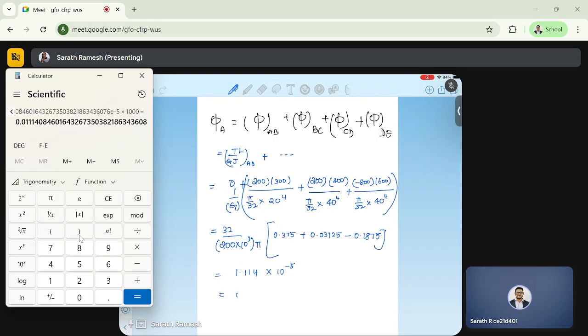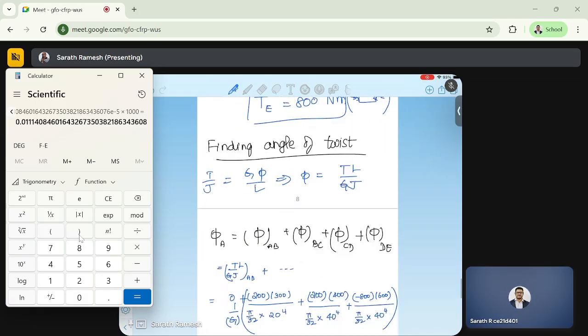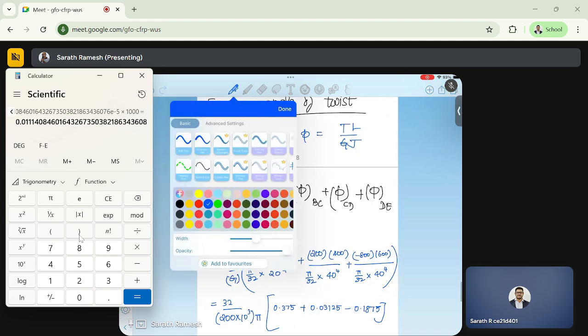So 0.0111, right, into 10 to the power minus 3 radians. Okay, this is for the twist in AB or in A.